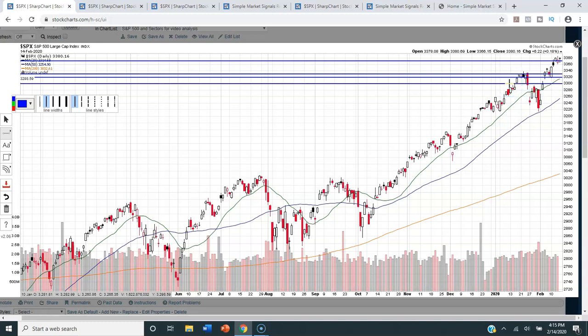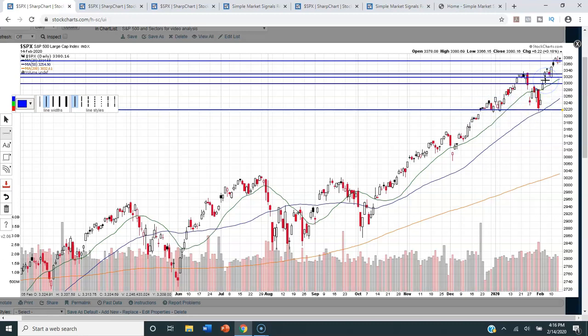And then as we go down, if the market does fall anytime soon, another real key area is going to be this 3220 area. You can see here that once we got above this in the middle of December 2019, we've stayed above it, and it has acted as an area of support.